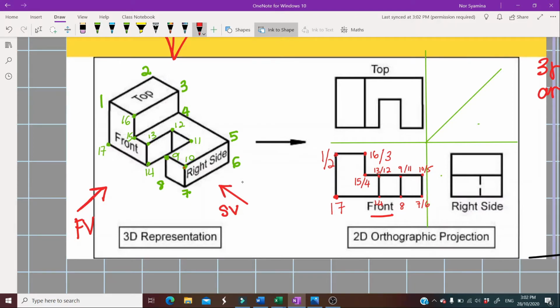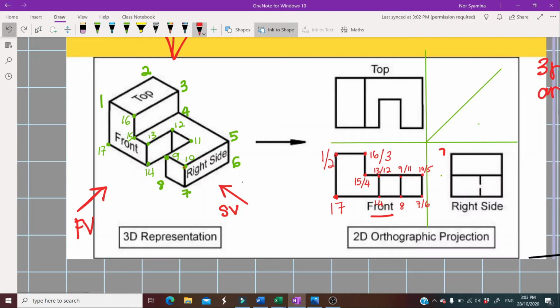So if I were to look from this side, what I can see is 7. So number 7 that I have written here must be on the same line when I project to the other view. So if 7 is here, then 7 must be here, or it must be on this line. It cannot be here. If for your front view your 7 is here, and suddenly for your side view your 7 is here, it means your projection is wrong.